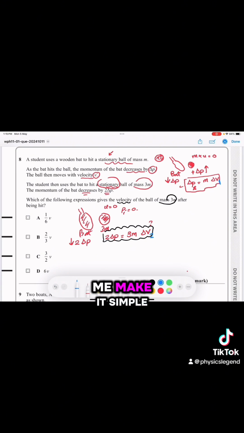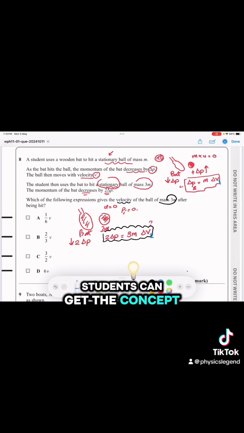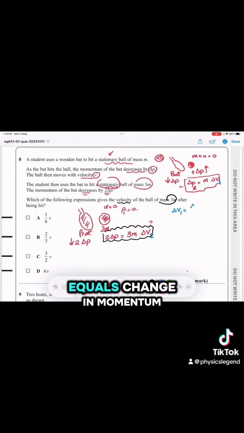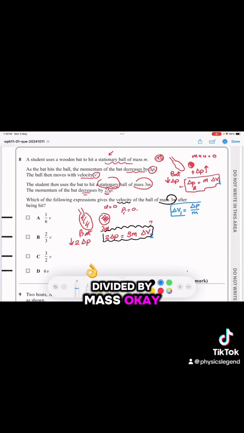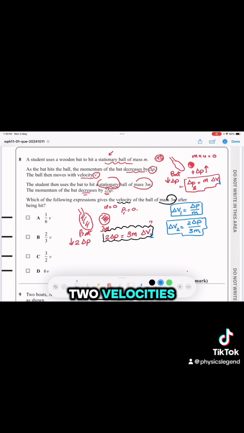Let me make it simple, so all my students can get the concept. So delta v1 equals change in momentum divided by mass. Okay? For delta v2 equals 2 delta p, as the change in momentum in case 2, divided by the mass, which is 3m. So now I have two velocities.